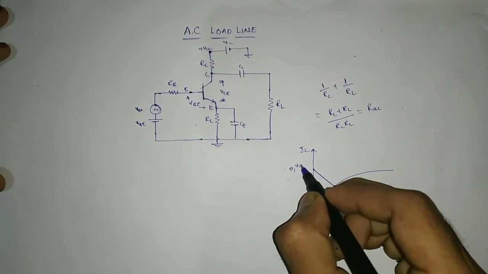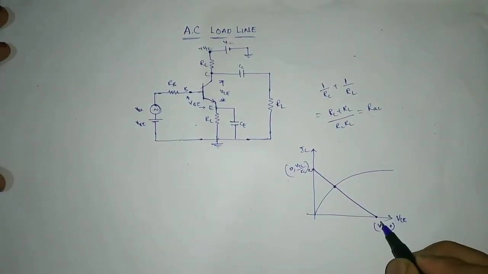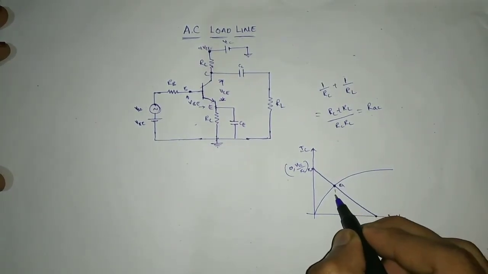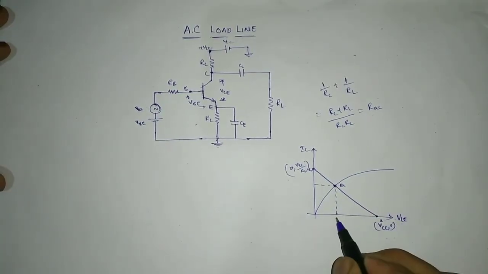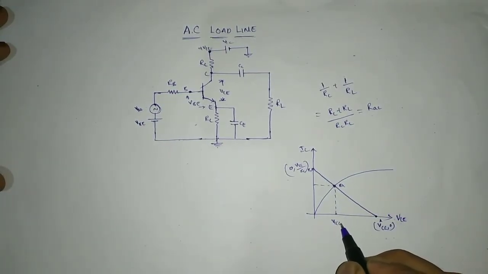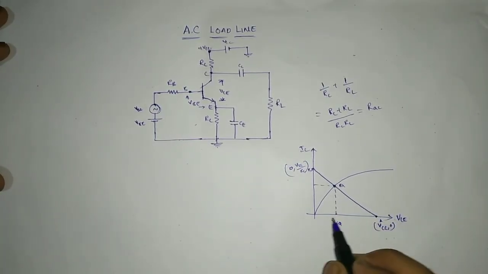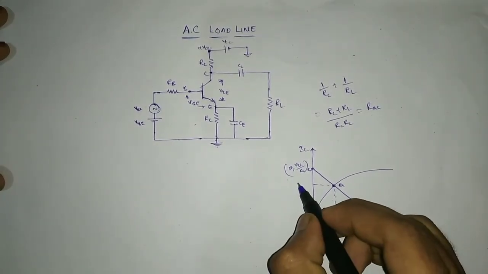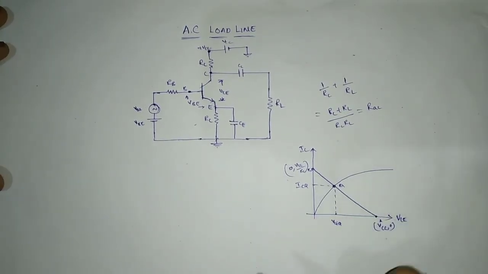This is 0, VCC by RC. This is a point P and this is a point A. This is the Q point, and this will be VCEQ, that is the output voltage at the Q point. This current will be ICQ, that is the output current at the Q point.